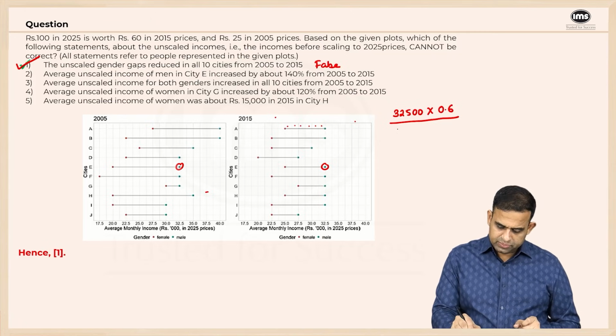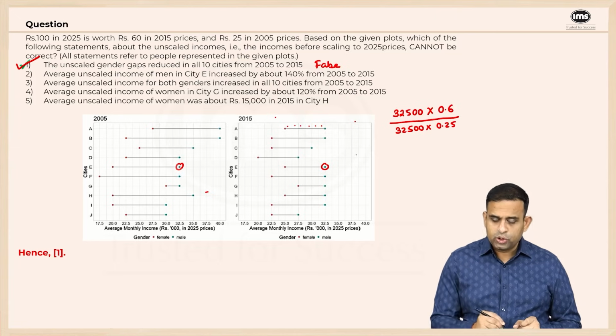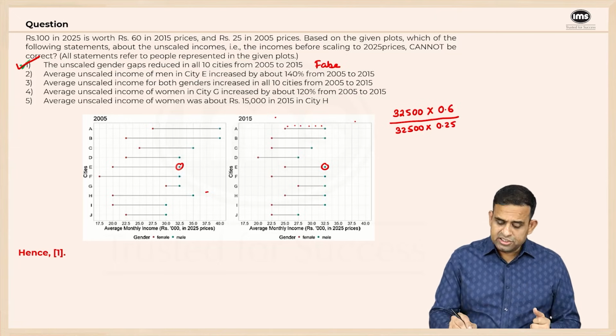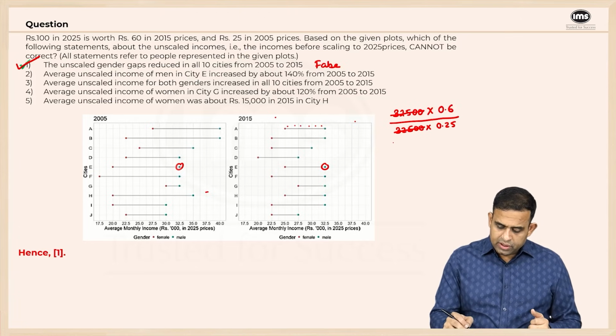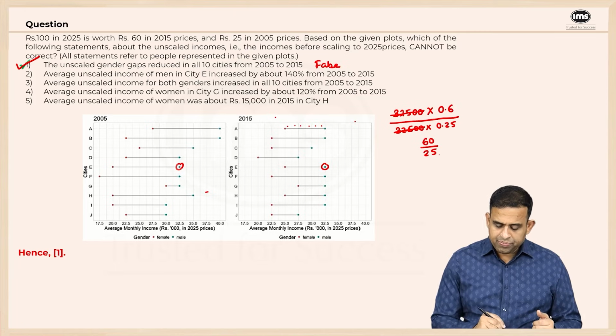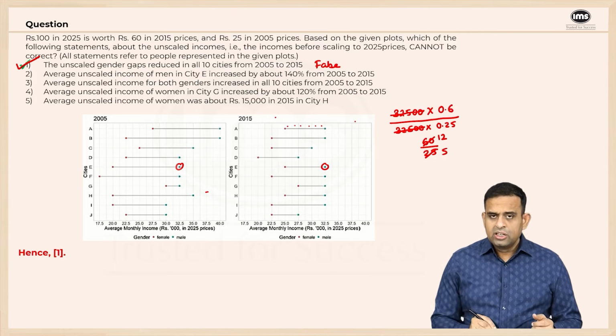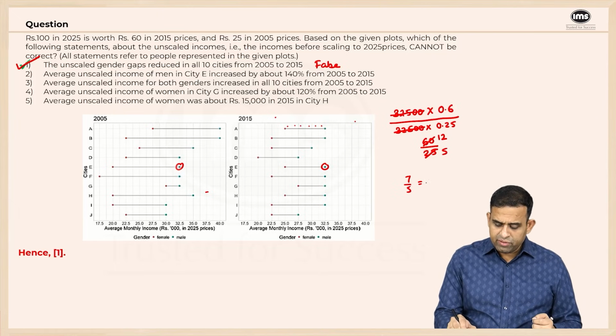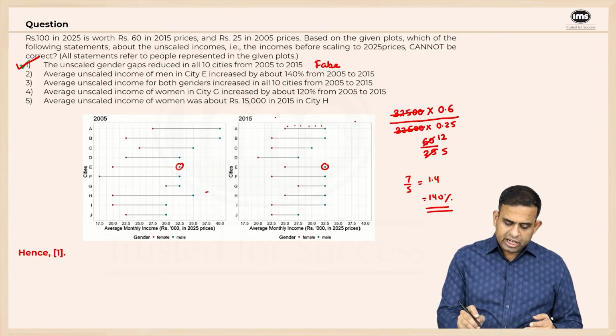This number again is the same, 32,500, and the scale factor basically is 0.25. So with respect to inflated price, this number is the same. If I look over here, multiplied by 100, it becomes 60 over 25. That is the ratio. If I simplify, it is going to be 12 by 5. So if something becomes 12 by 5, it simply means it's an increase of 7 over 5, which is 1.4 or 140%. So clearly statement number 2 happens to be true and not the answer.